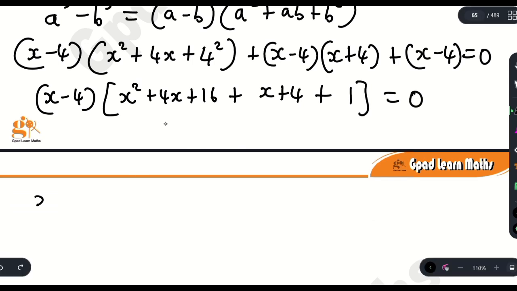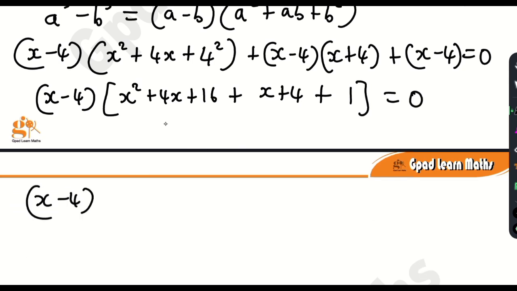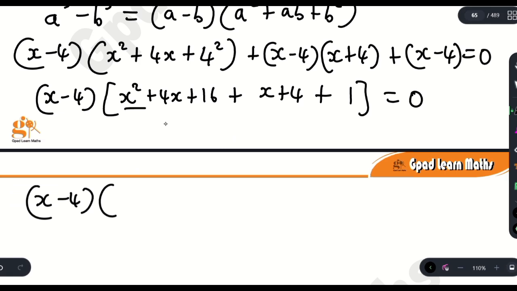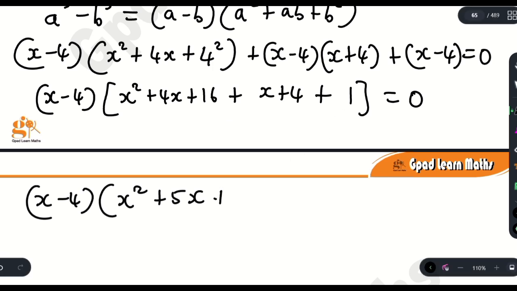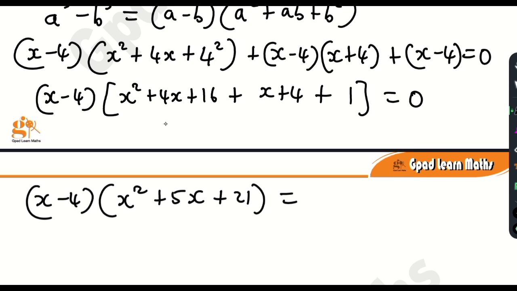So let's simplify what we have in this bracket. So I'm going to have x minus 4, and then this is x squared. So let's start with x squared. 4x plus x is 5x. And then what is this? 16 plus 4 is 20, plus 1 is 21. So that's plus 21, and all is equal to 0.